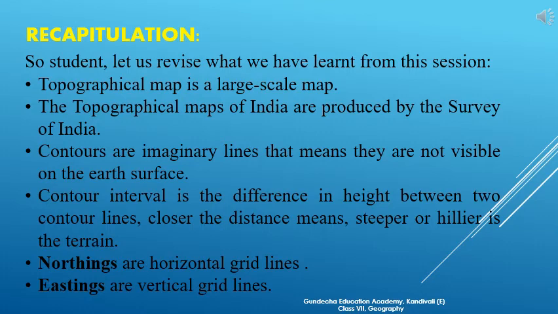Contours are imaginary lines, that means they are not visible on the Earth's surface. Contour interval is the difference in height between two contour lines. Closer the distance means steeper or hillier the terrain. Northings are horizontal grid lines and eastings are vertical grid lines.